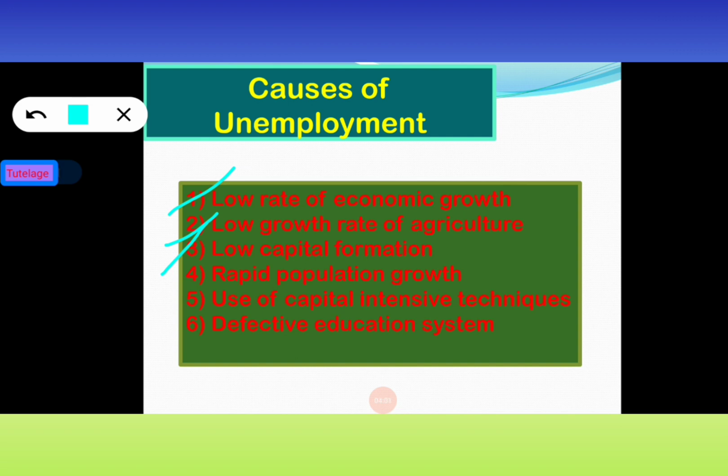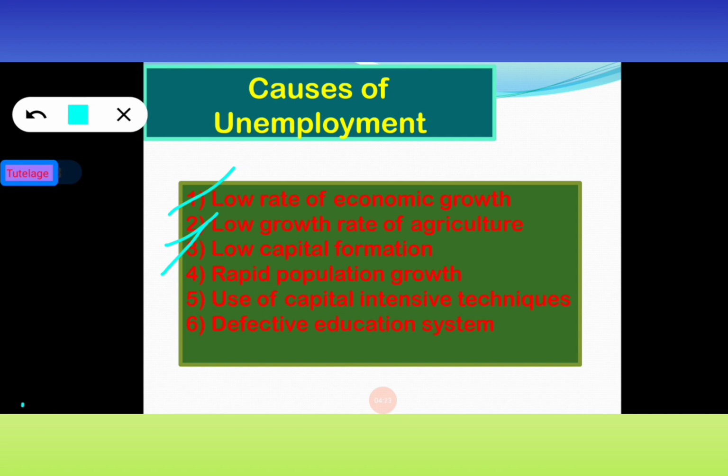Consequently, job creation capabilities of the agricultural and industrial sectors have been affected adversely. So low capital formation is one of the most important causes of unemployment also.